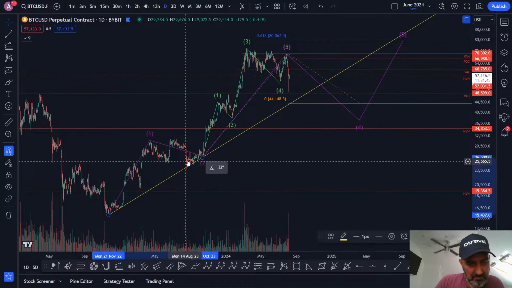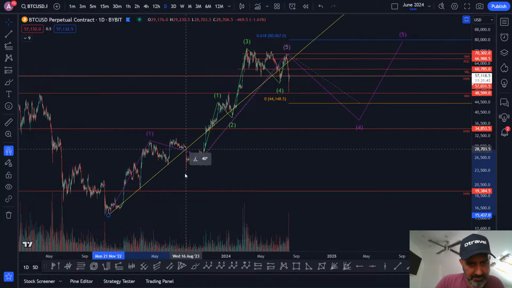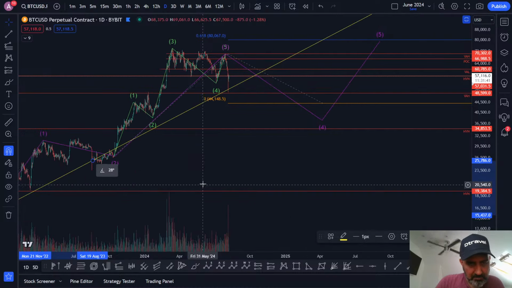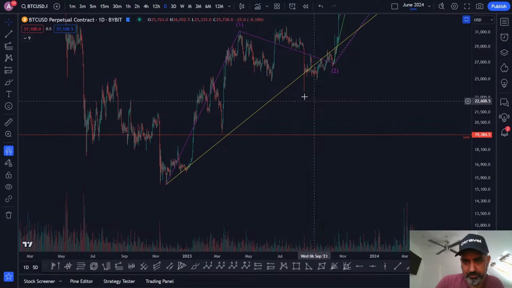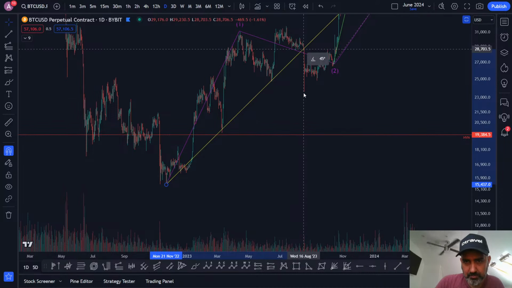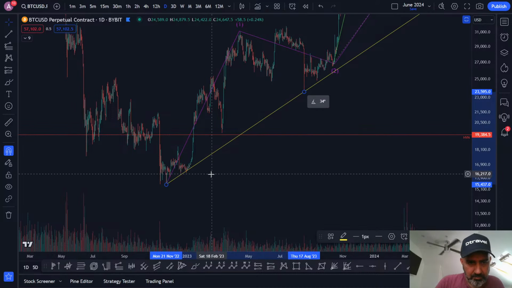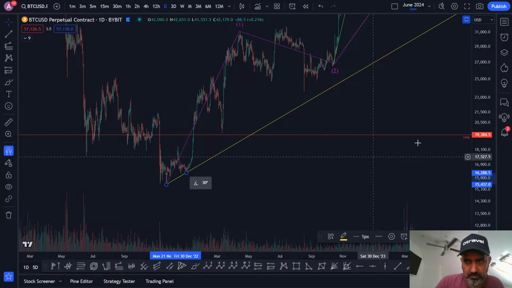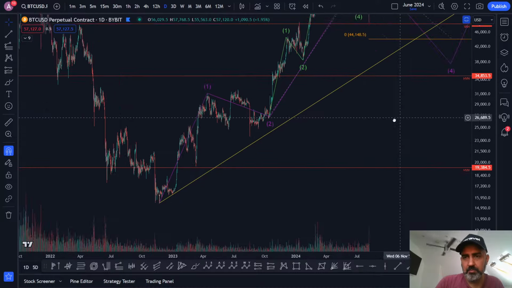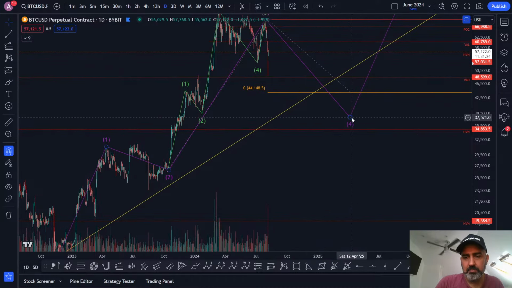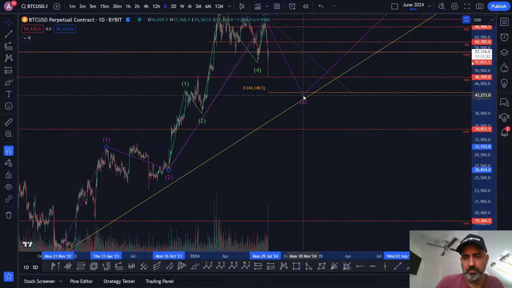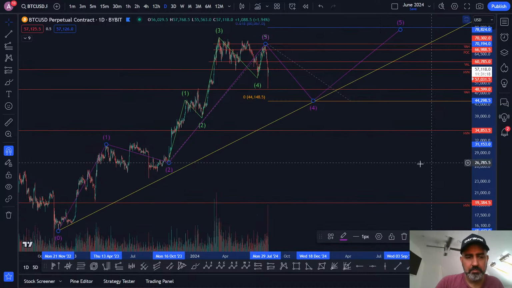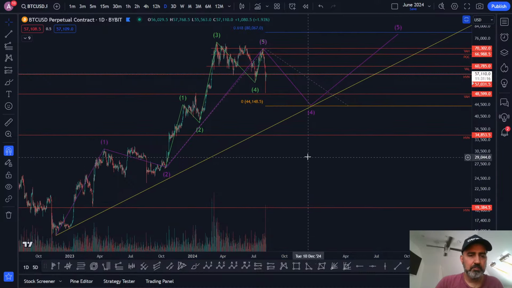I don't know. Was it front run, and is it actually to this pivot? Something like that.